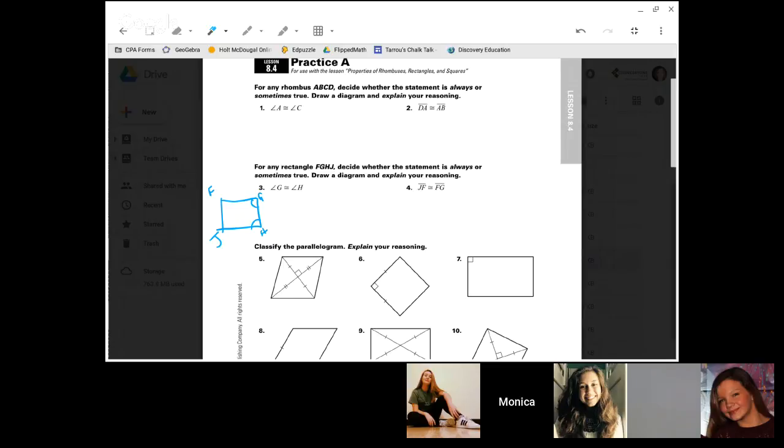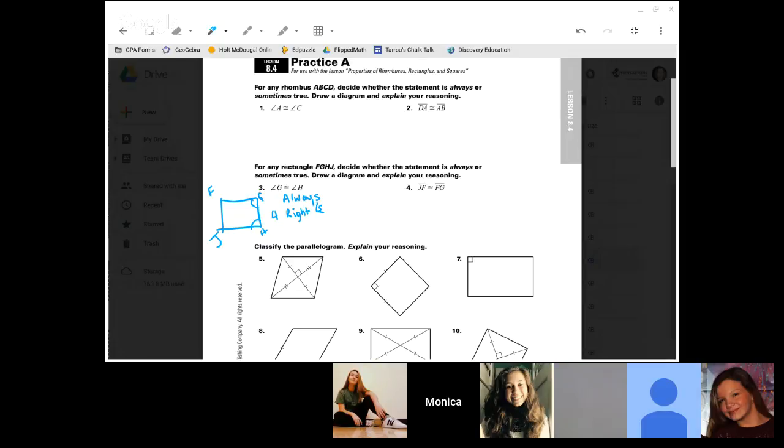So this one would be always. And it's because a rectangle has 4 right angles. Okay, does that make sense?